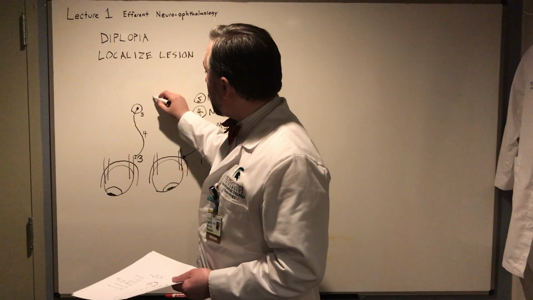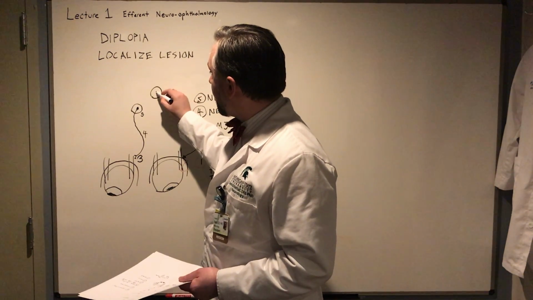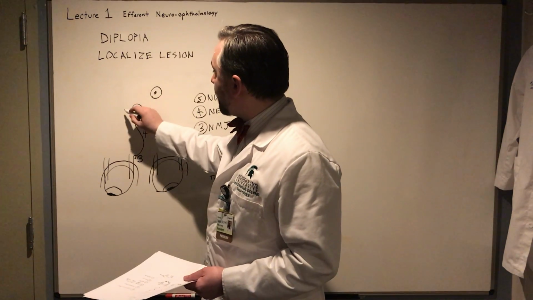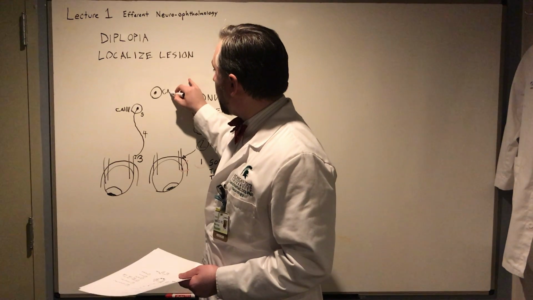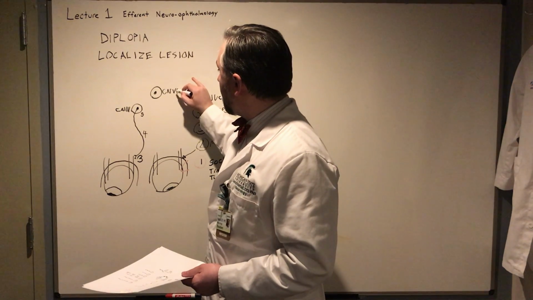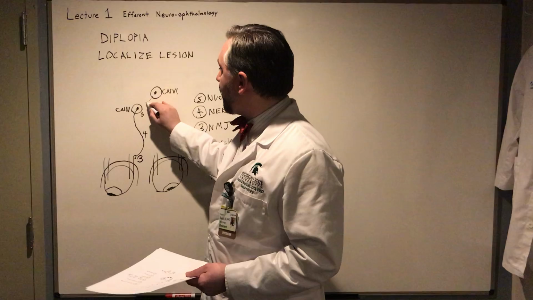And because the nuclei communicate, this will be the cranial nerve 3 nucleus. This will be cranial nerve 6. We'll go over this in a little bit. Because they communicate, it could also be intranuclear.